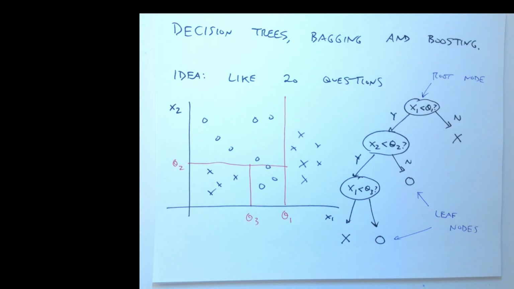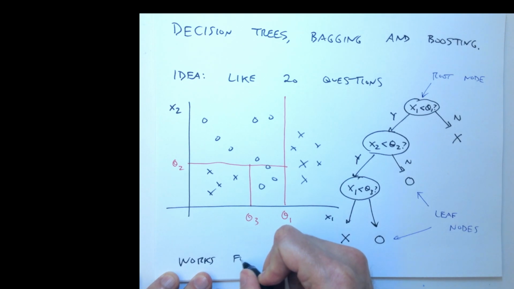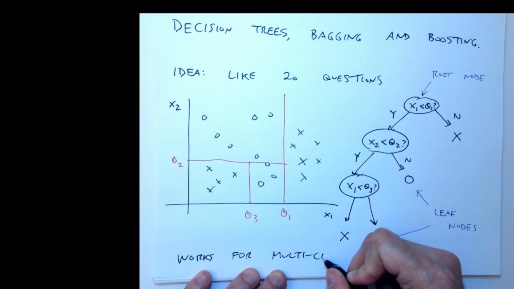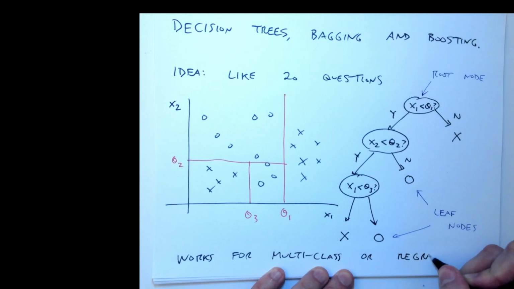So instead of a class, I get a number, right? So let me just write that down. So this also applies to multi-class situations or also regression.